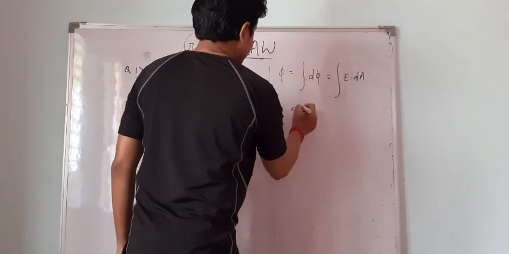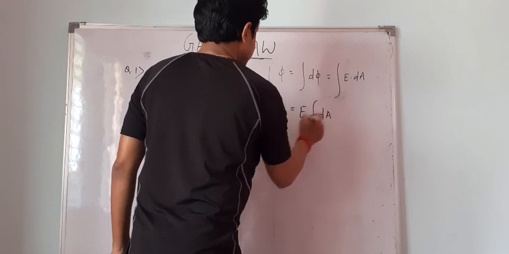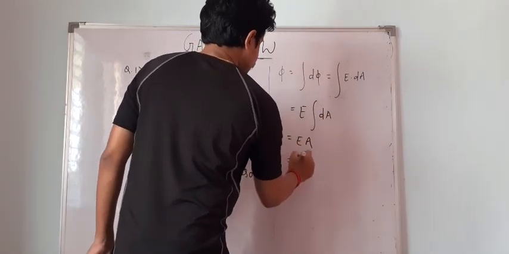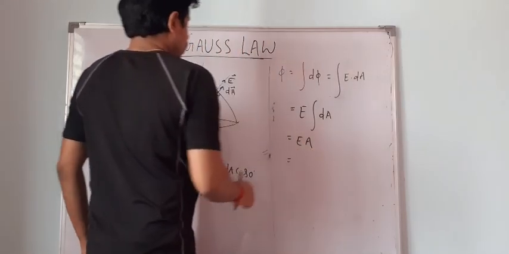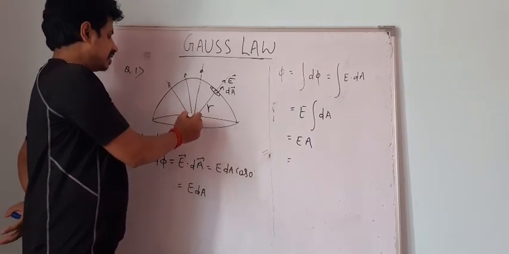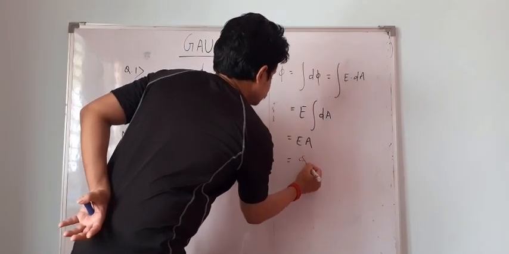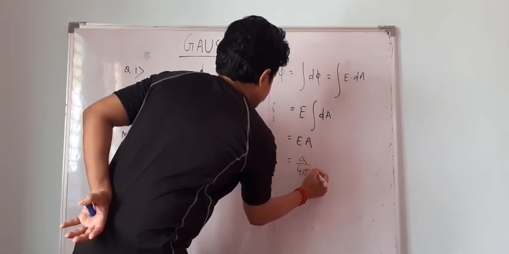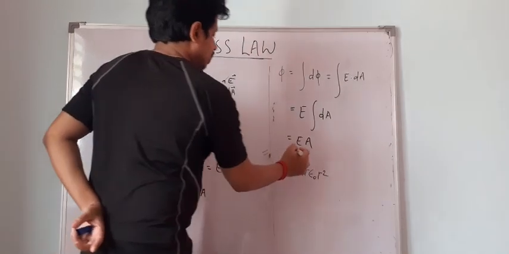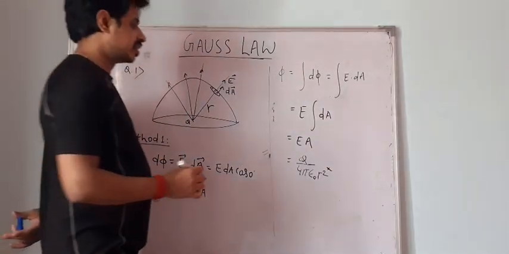So it can be taken outside the integral. Integral of dA is A, so phi is E into A, and we know that the electric field intensity at a distance r from a point charge is given as q by 4 pi epsilon naught r square, and the surface area of the hemisphere is 2 pi r square.